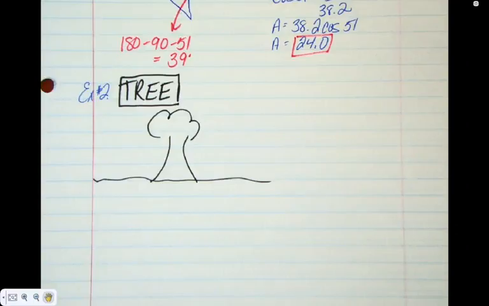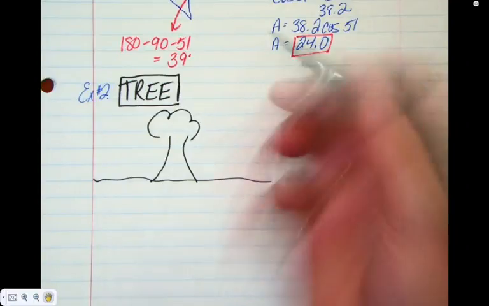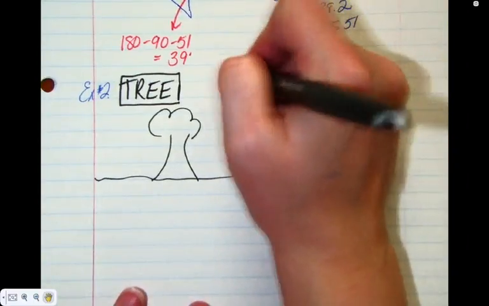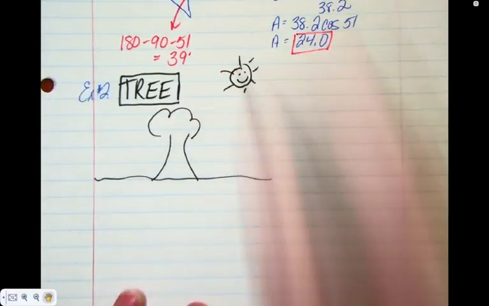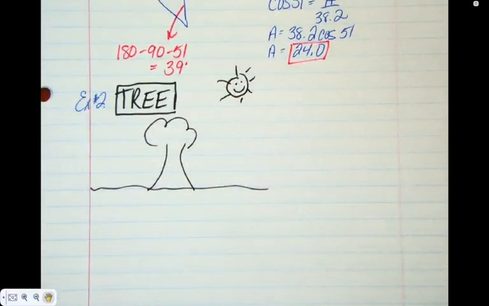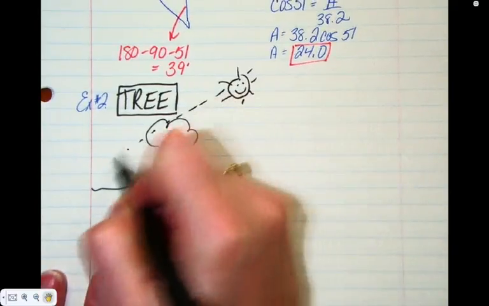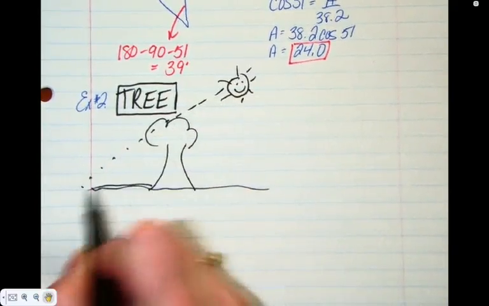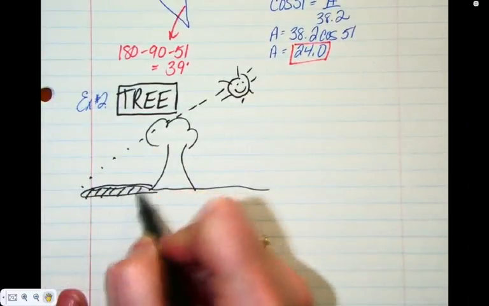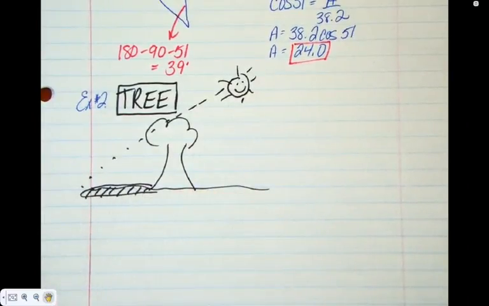You can put the sun on the left, you can put the sun on the right, whatever you prefer. I'm going to put it on the right because that's where I have room. Now what you need to understand about the sun is if the sun is on the right, where is the shadow? On the left. So the ray comes down, hits the tree, shadow formed on the ground. Okay, so you can have your sun on the other side, which is fine. It just means your shadow then will be on the right. Doesn't matter, just they need to be on opposite sides.